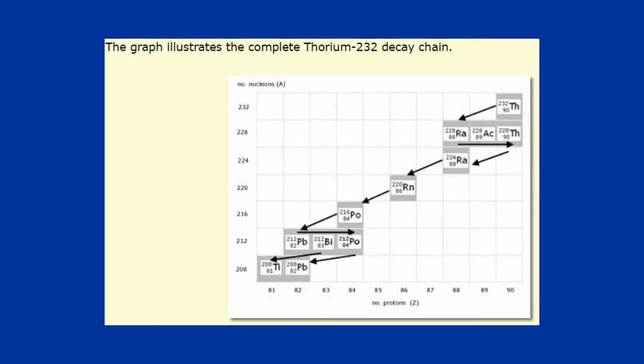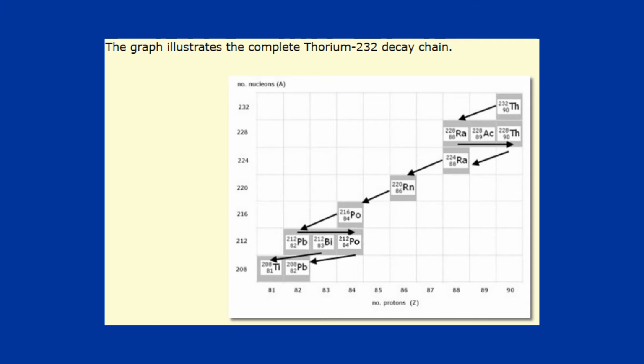So this graph shows thorium-232 and the decay chain process. So you can see initially 232, 90, and then because there's a high number of protons, it's going to emit an alpha particle.